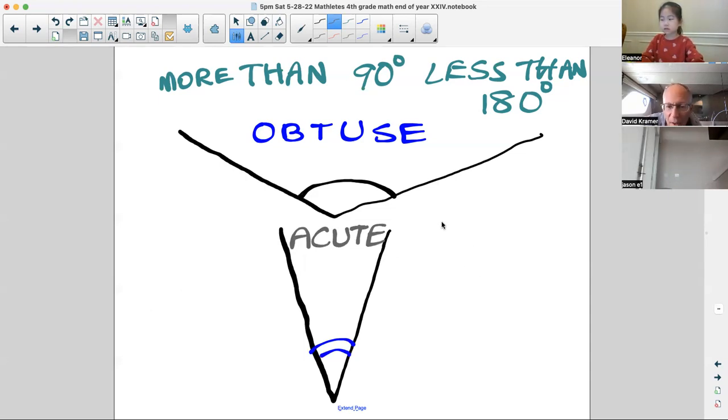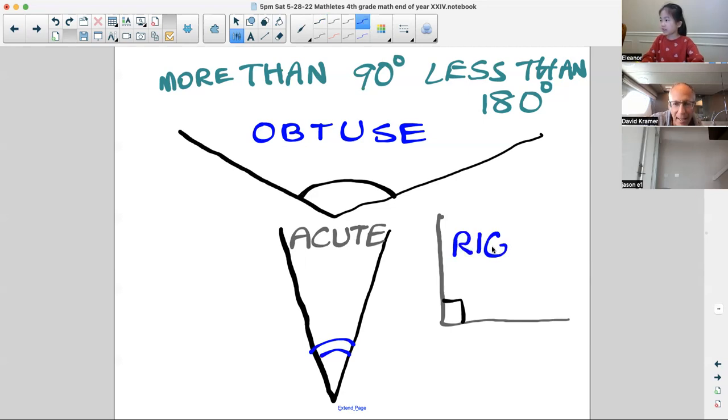Okay, now everybody draw a right angle. And on that one, we put a little box, and we know that this is called a 90-degree right angle.